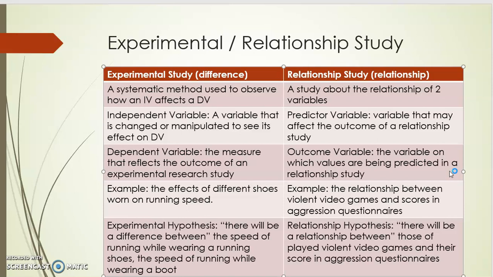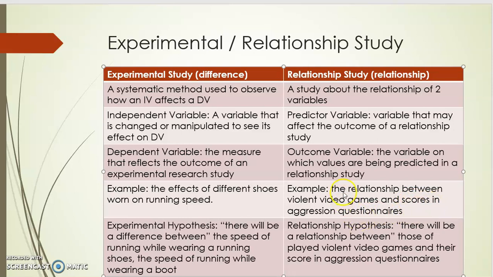They are looking at how violent video games are related to the aggression of a person. So how do they measure the aggression of a person? They will conduct questionnaires, and based on what the person answered, they can somehow measure the level of aggression. So that is what it means by scores in an aggression questionnaire.